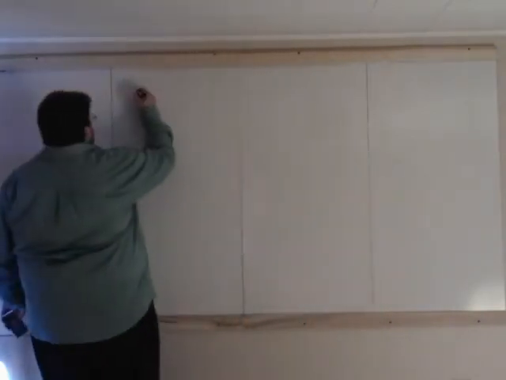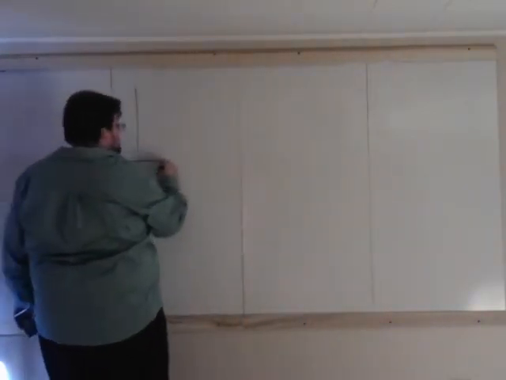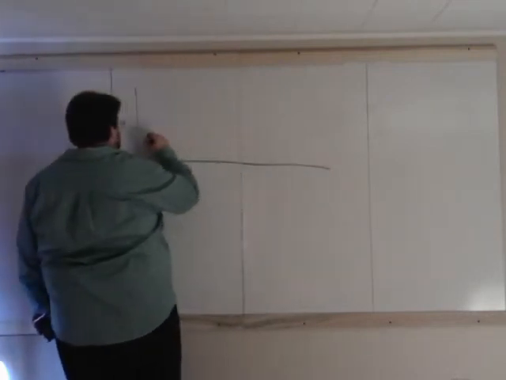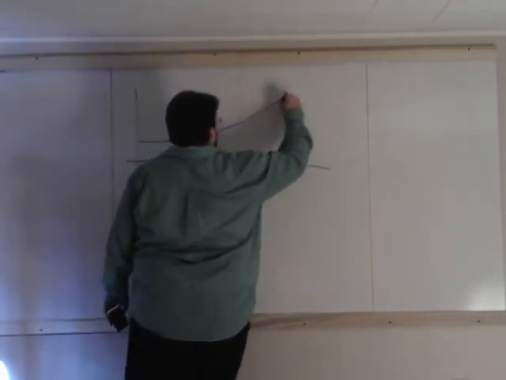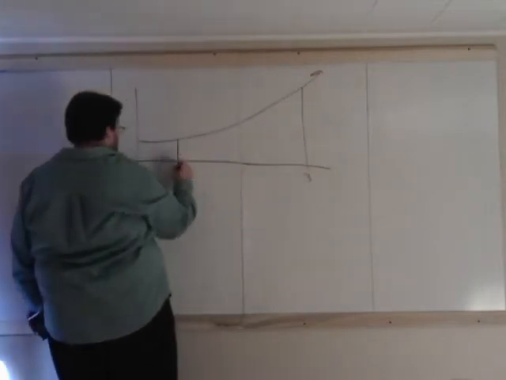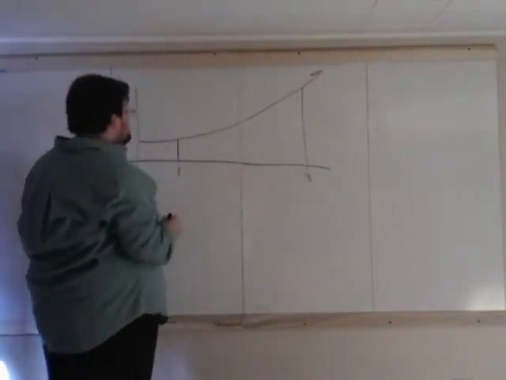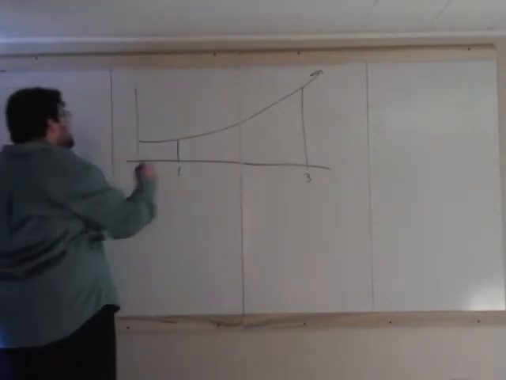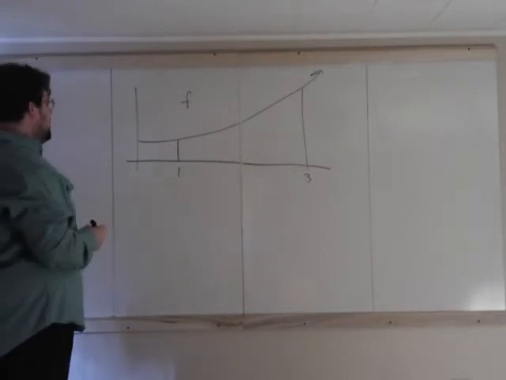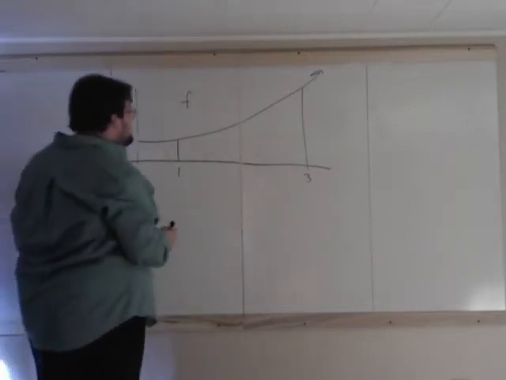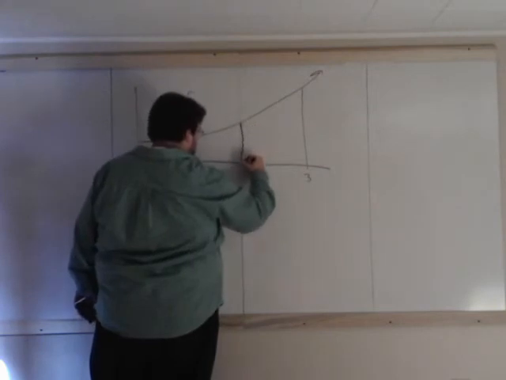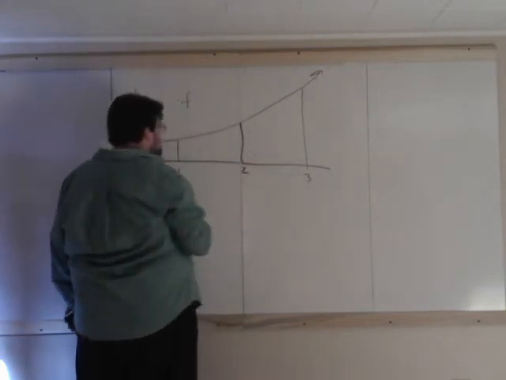So let's look at 8 rectangles. And maybe I should make this graph go out a little more for 8 rectangles. So there's our function. Let's call it f. I could call it f of x, but I'll just call it f. We want to divide this interval into 8 pieces. So first, we'll divide it in half.